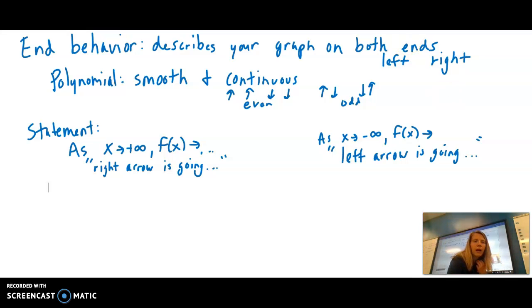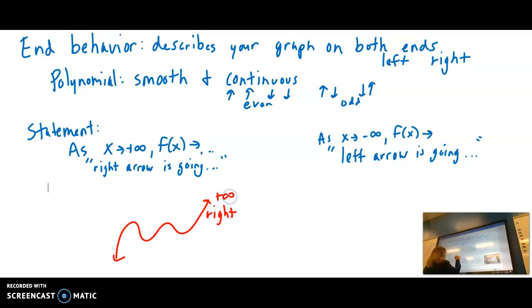If I were to give you a quick random example, not even on the graph, let's draw a nice smooth curve. If I look at this function, this is my right arrow, and it is going to positive infinity. This one's my left arrow, and notice it is going down, and the direction of down is negative infinity.